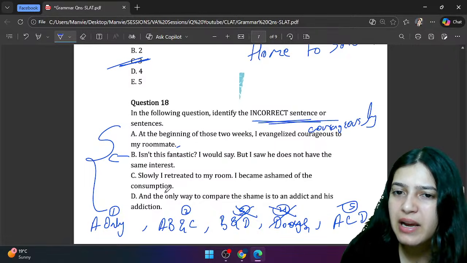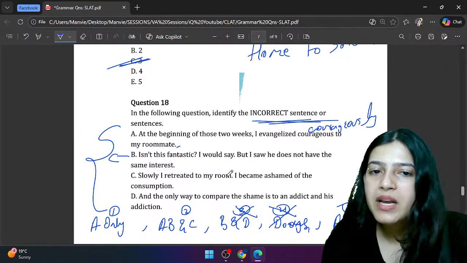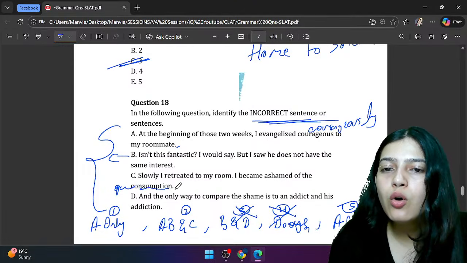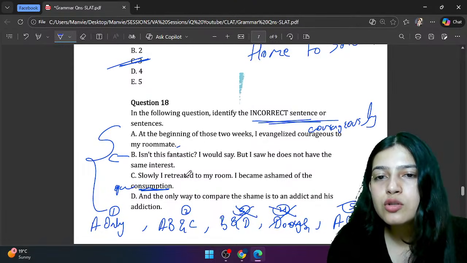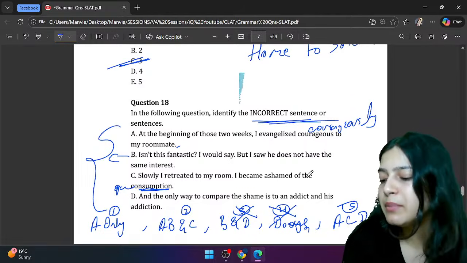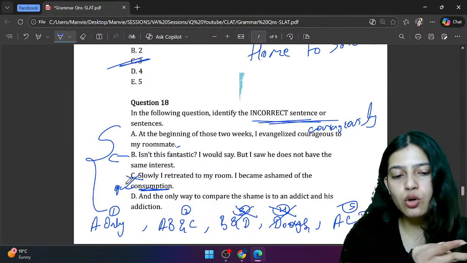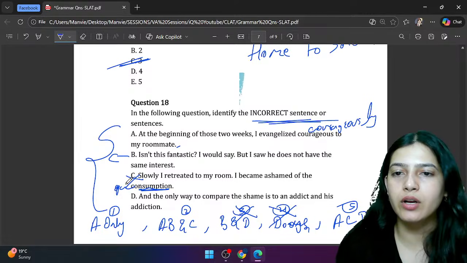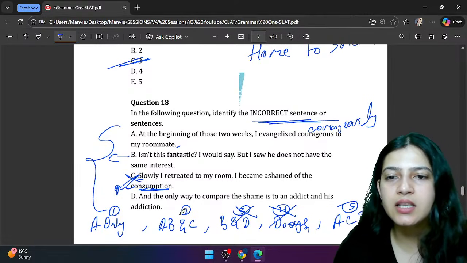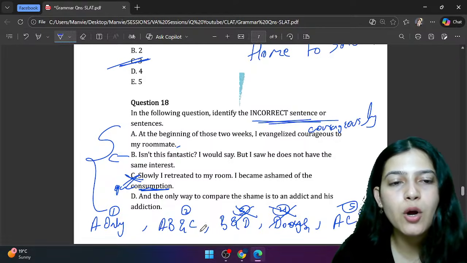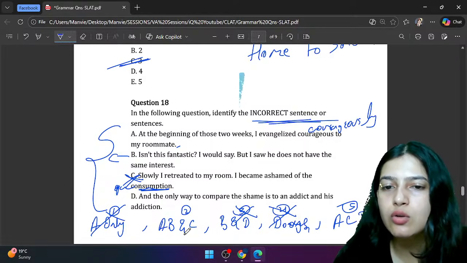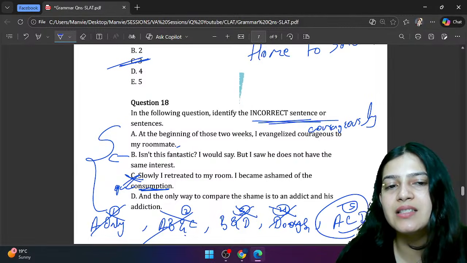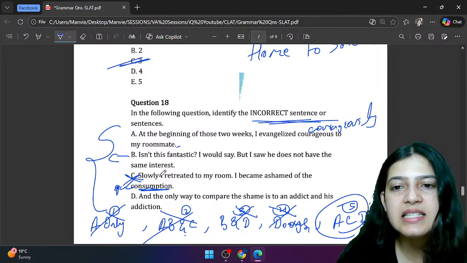First of all, it should be "of consuming," but consuming doesn't fit either. It should be "slowly I retreated to my room, I became ashamed of my behavior," right? So here the word itself is wrong, and there is wrong noun usage too, so we can mark this incorrect. So either this option will be correct or that one, but B is also correct, so that is ruled out. So yes, the fifth is the correct answer, where A, C and D are the incorrect sentences.